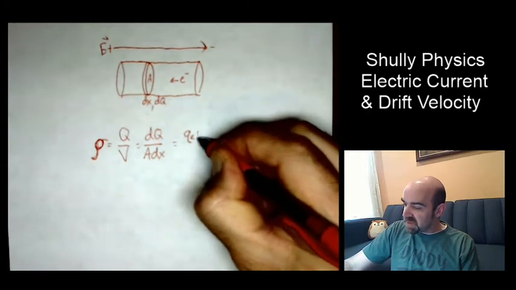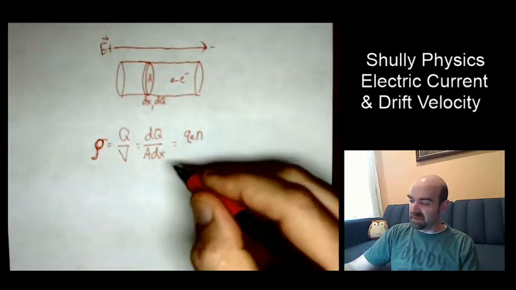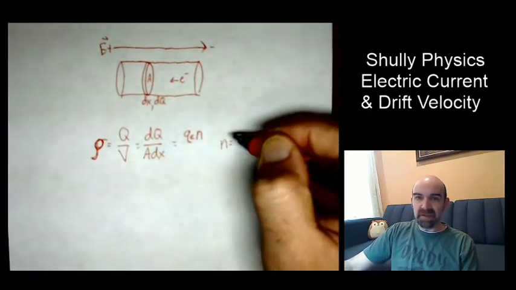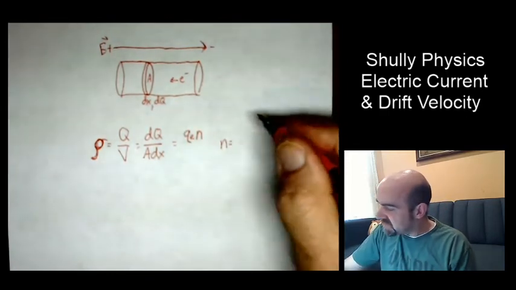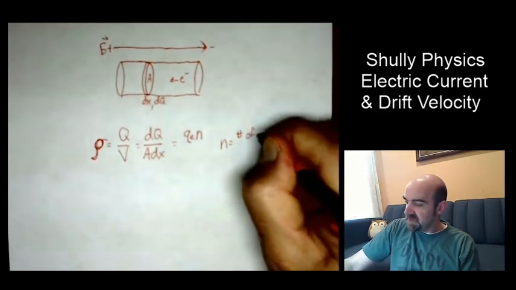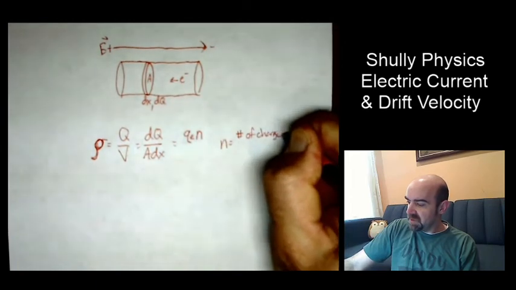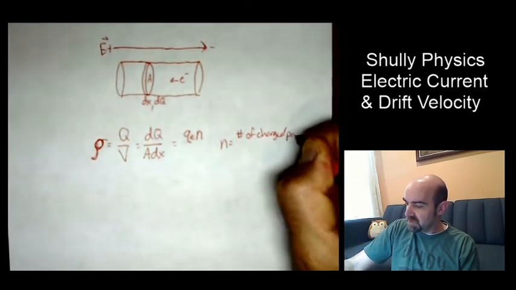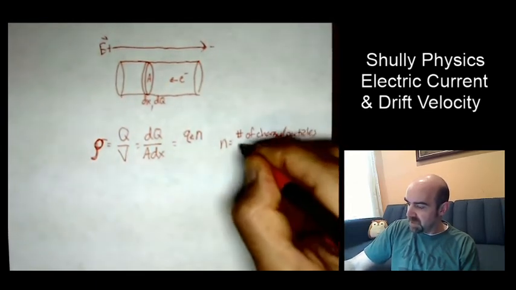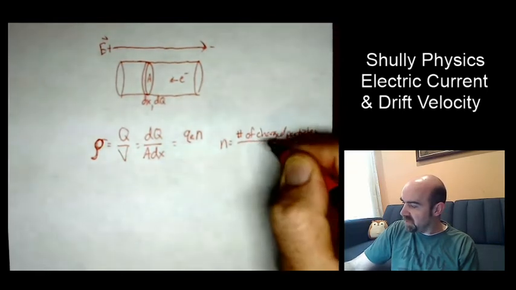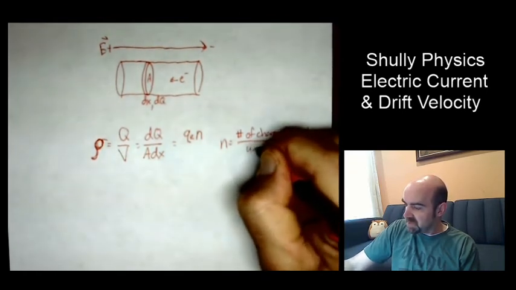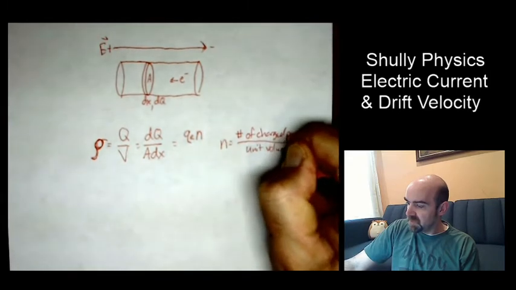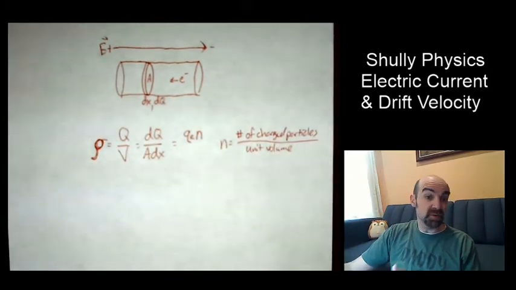Times what I'm going to define here as a letter n. Well, n is best defined as the number of charged particles per unit volume, and volume is going to be measured in meters cubed.